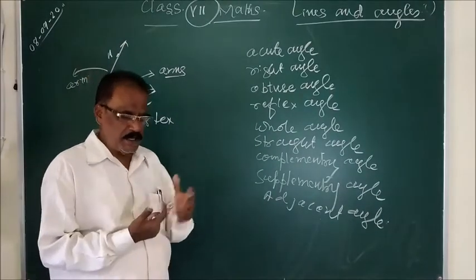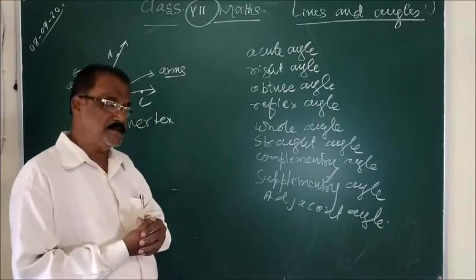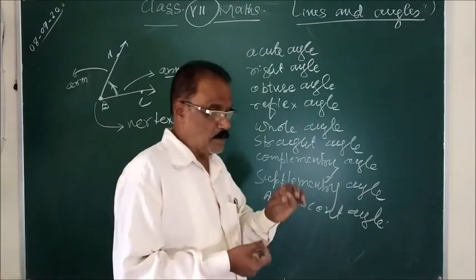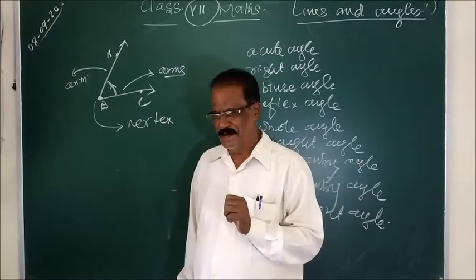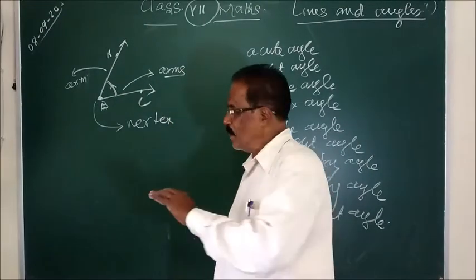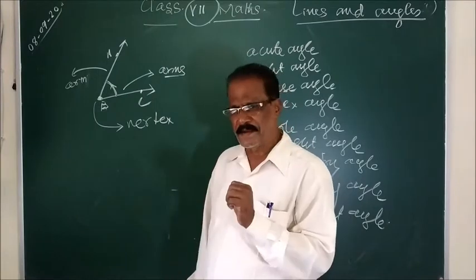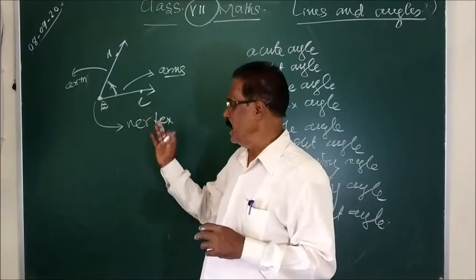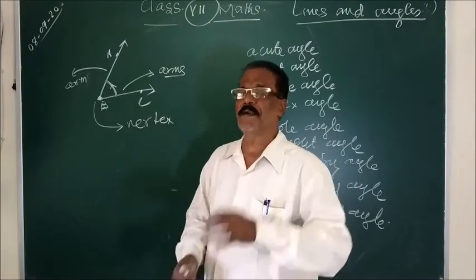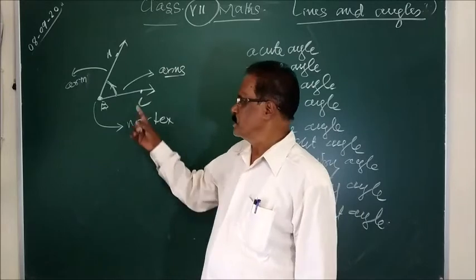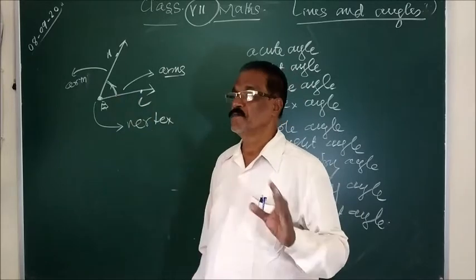This inclination between the two rays around a fixed point is called an angle. Angle you can also define like that. If a ray rotates around a fixed point, this rotation forms an angle.